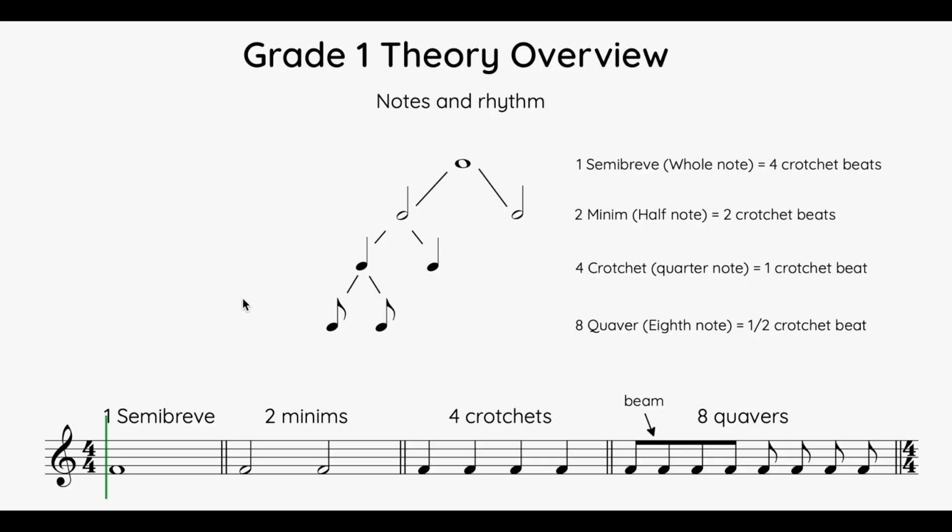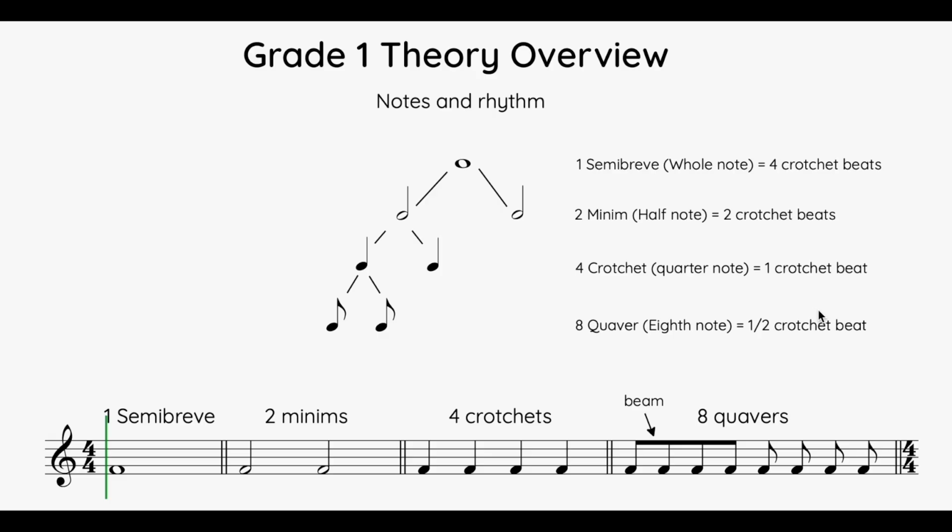Now, you might be wondering, if you look over here, I've said that a semibreve equals 4 crotchets, a minim equals 2 crotchets, and a crotchet equals 1 crotchet, and a quaver equals half a crotchet.